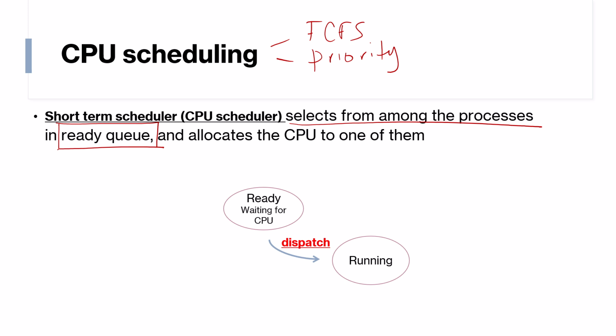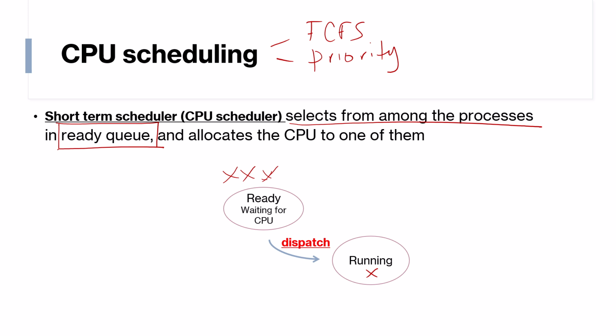It's going to get dispatched onto the CPU, and then you're going to have a whole list of processes still in the ready queue waiting. And when it's this one's turn, it gets dispatched and it will be on the processor.